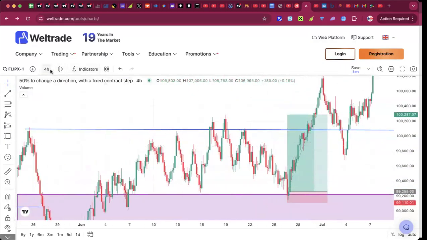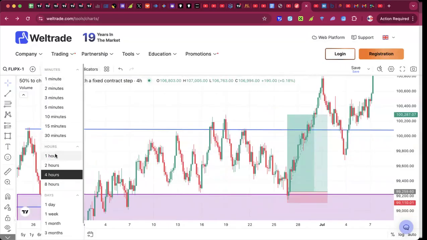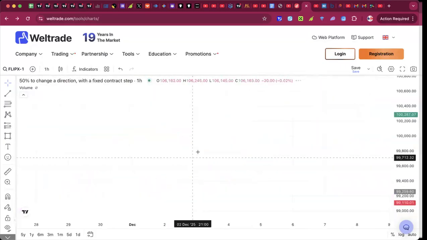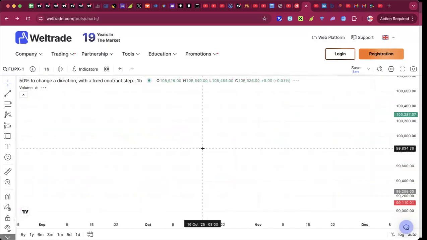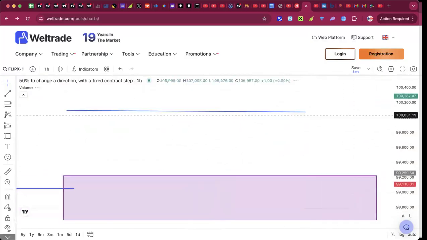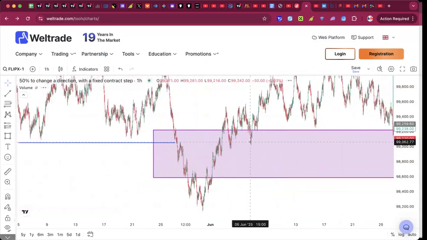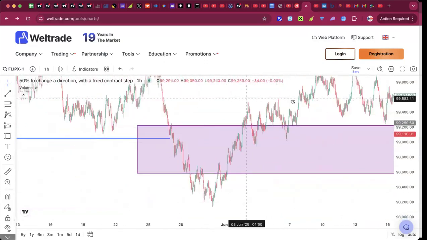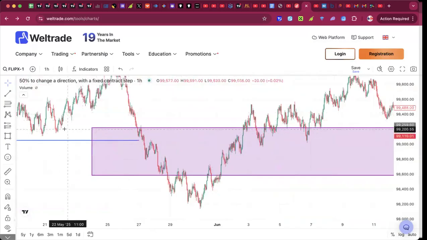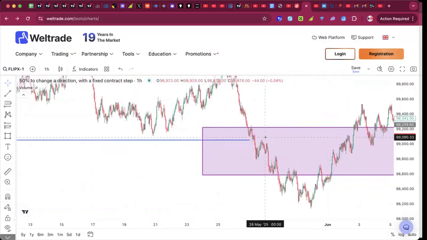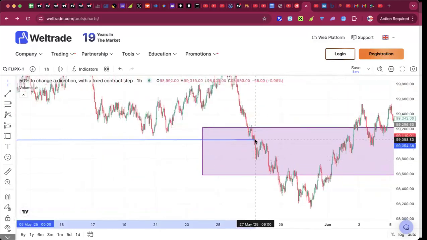Now, sometimes you probably wouldn't find a proper entry on time. You can go to 1 hour. By the time you go to 1 hour, you're going to find a different thing. What you find here is a sniper entry on 1 hour. Remember that if you look at when this market actually broke, this is a break of structure.